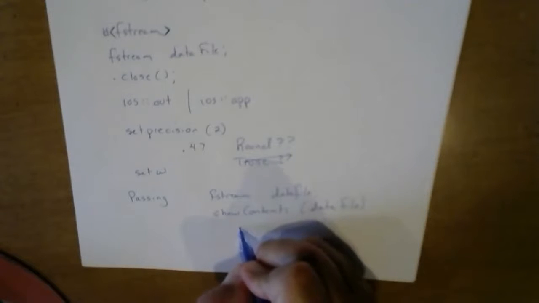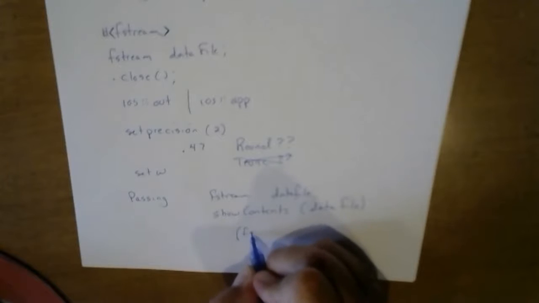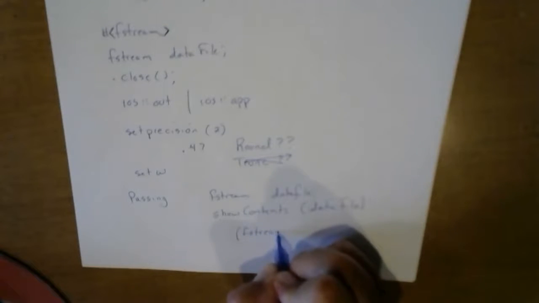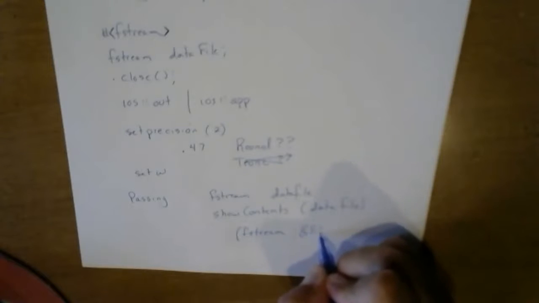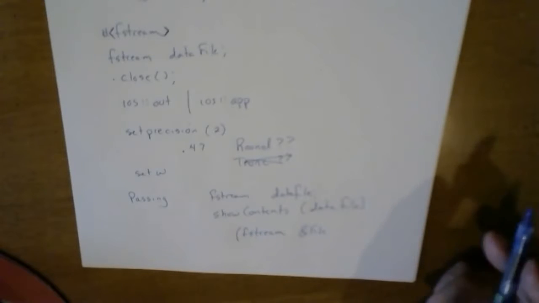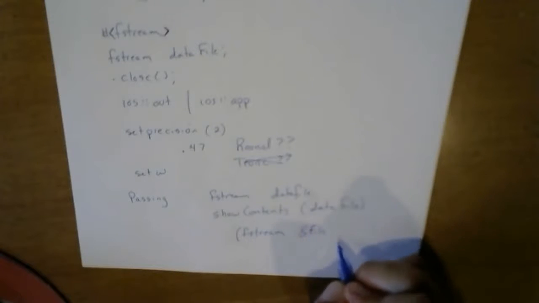And then when I get over to the heading of the method where this file is coming in, you notice that in the parameter list, I put the data type fstream. And for it, I now put ampersand file. And the ampersand is for what again?